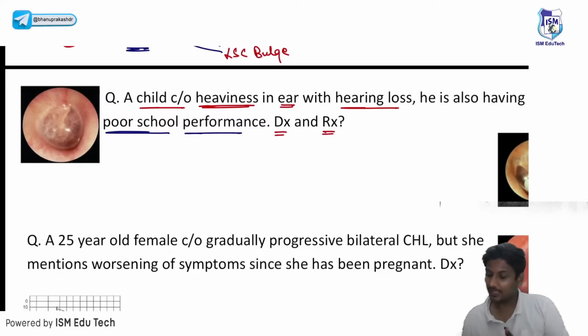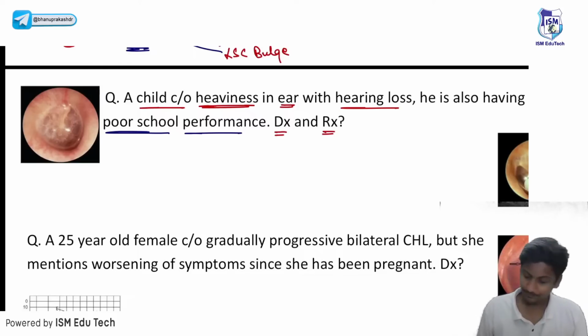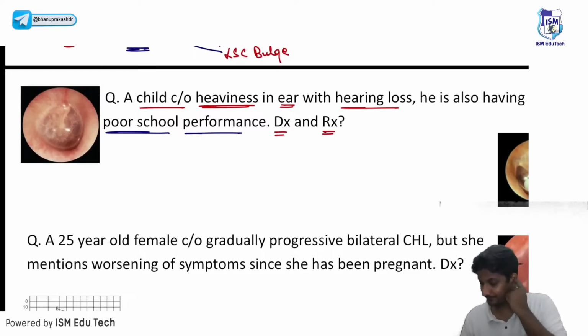Quickly tell me the diagnosis. Faster. What is the diagnosis in this condition? Nobody?